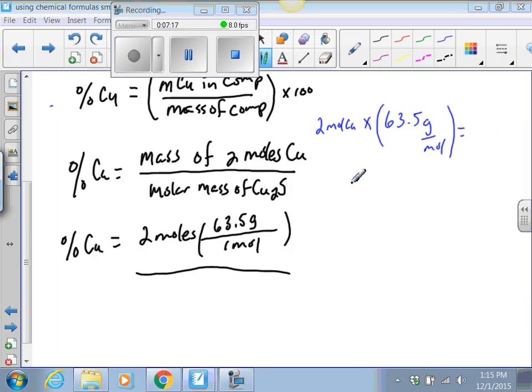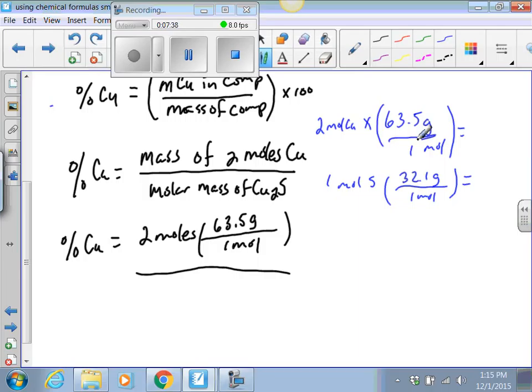And then we've also got 1 mole of sulfur times 32.1 grams per 1 mole of sulfur. Where's the 63.5 and 32.1 coming from? Periodic table.